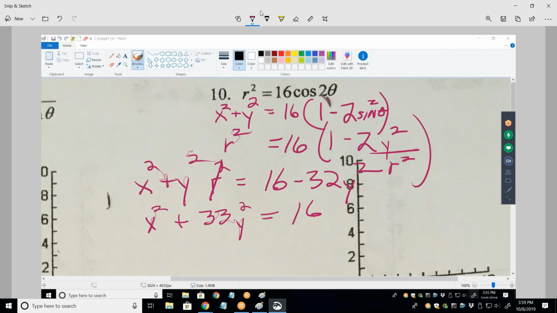Right. Now, if I want to figure out how to graph it, I got to get 1 on the right side, which means I got to divide everything by 16. So x squared over 16 plus 33 over 16 y squared equals 1.